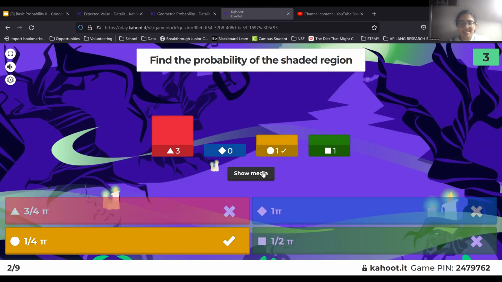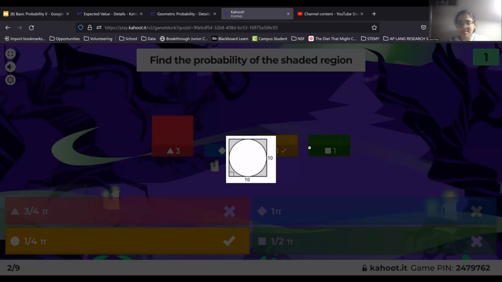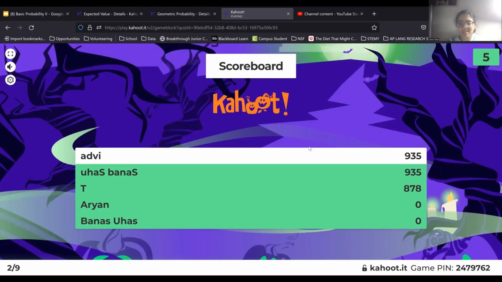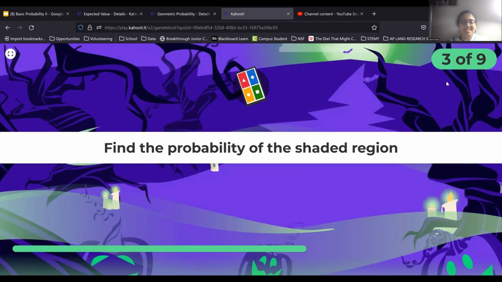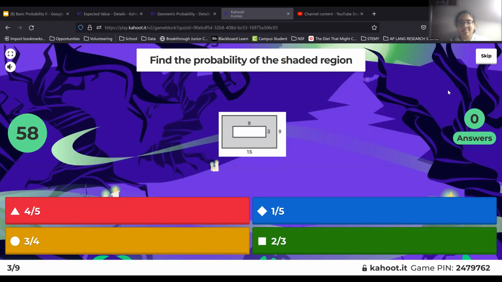Okay, yeah, so it is yellow. So remember, firstly, probability will always be less than 1, so technically that was the only correct answer that could have been possible. So you could have used that.